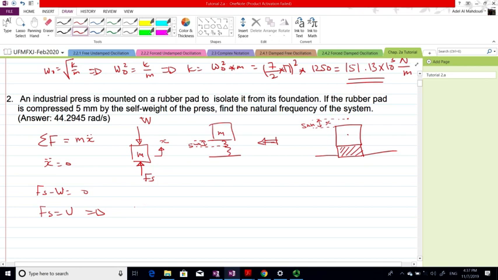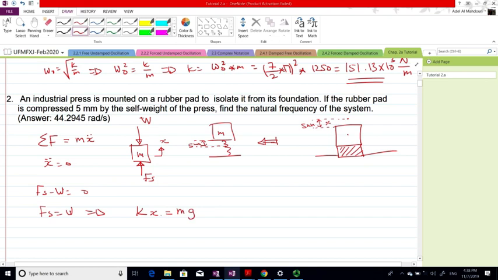How can we calculate the spring force? K multiplied by the displacement, right? K is the stiffness of the spring, times how much displacement happens, and this equals W. And W is very easy: mass times gravitational acceleration, mg.